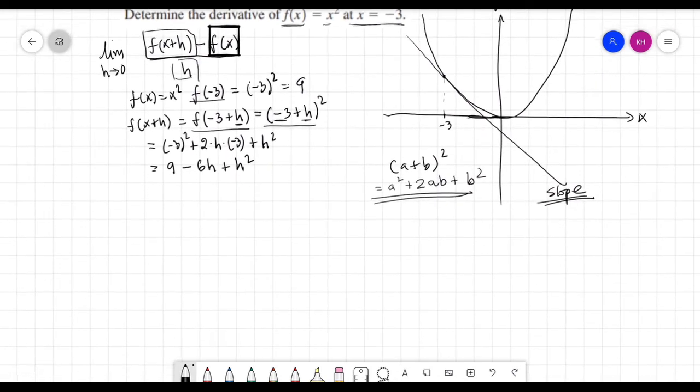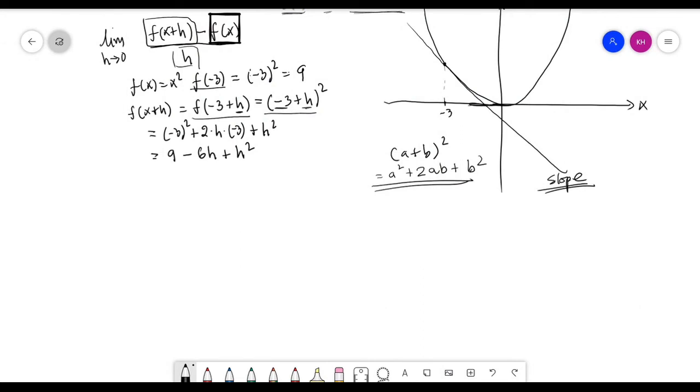So to do that, let me just write it over here. We have 9 minus 6h plus h squared minus f of x, which is going to be 9 divided by h. Now, a very important point over here. We cannot just write this like this.